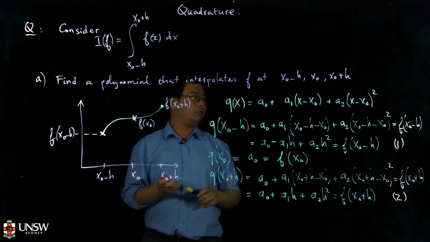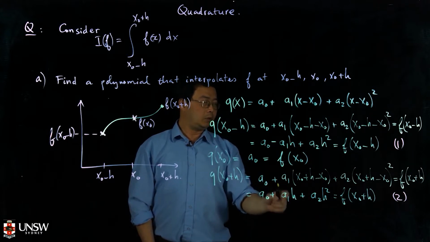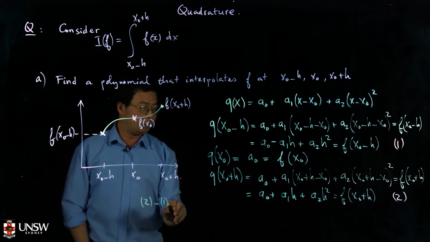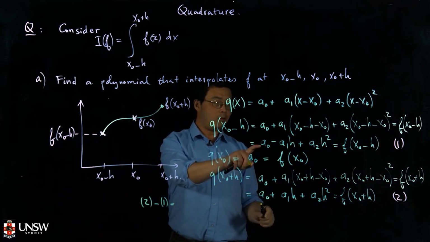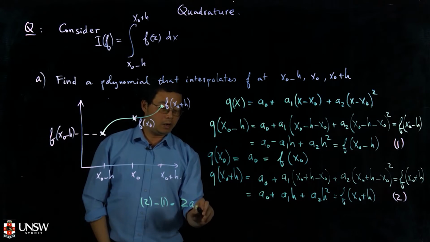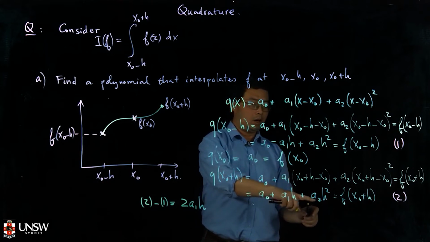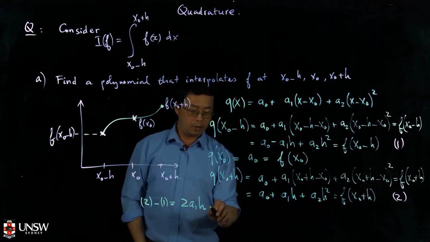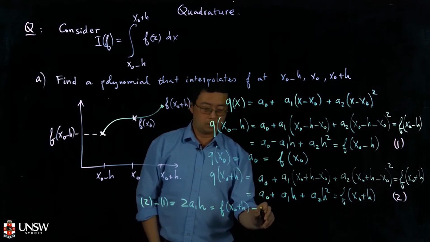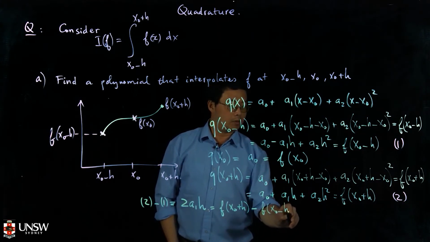If I take equation 2 minus equation 1, then the a0 goes away, and the a1h terms become 2a1h, and a2h squared goes away, so it becomes f(x0 plus h) minus f(x0 minus h).